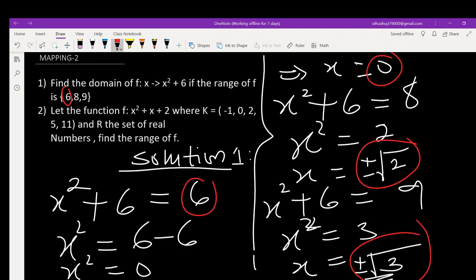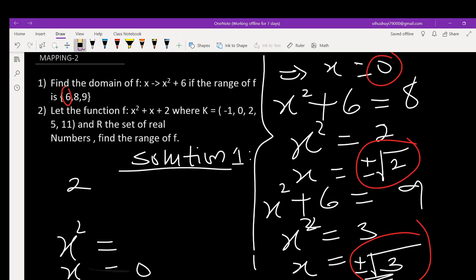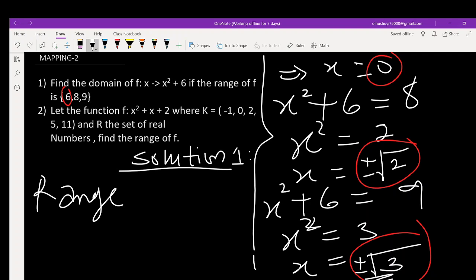So I can write the range to be equal to 0, root 2, and root 3.